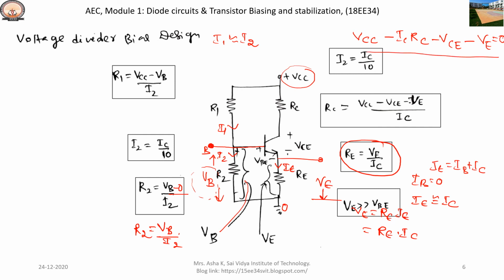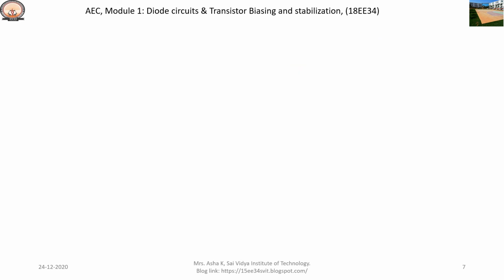After rearranging the terms, we can easily calculate RC, which is equal to VCC minus VCE minus VE, divided by IC. This completes the design equations for voltage divider bias. We'll solve the next problem.